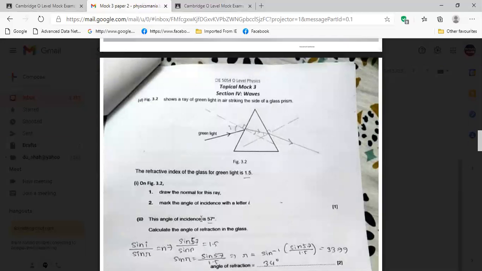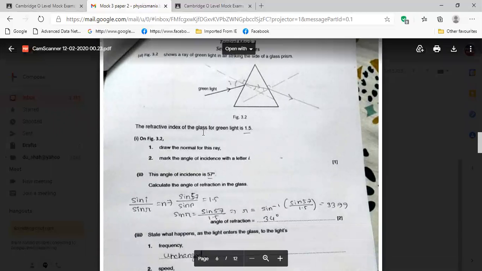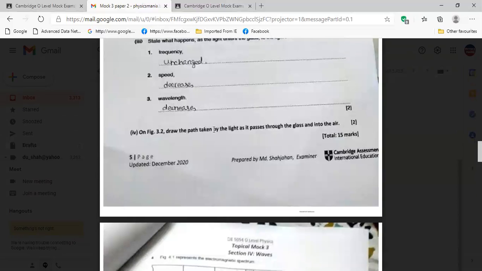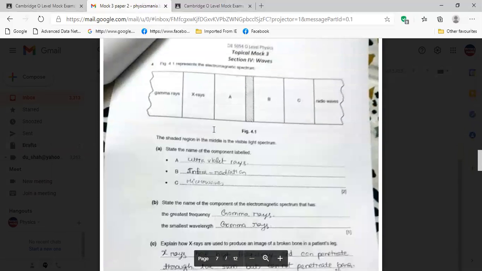So it was green, still it will be green, right? Yes, sir. Very good. Your drawing is also correct. Then next, state the name of the component labeled in the shaded region, right? Yes, sir.